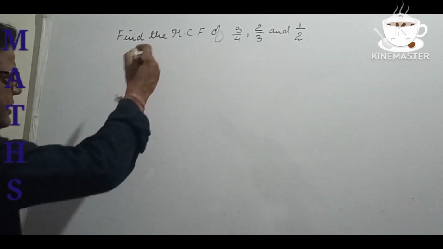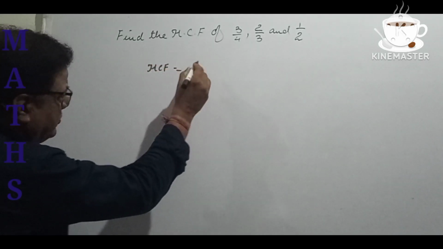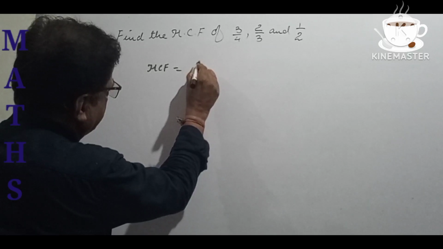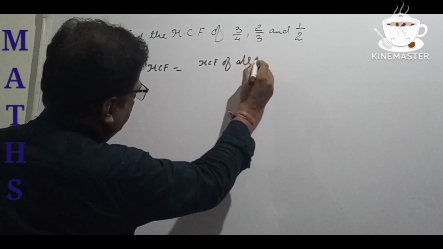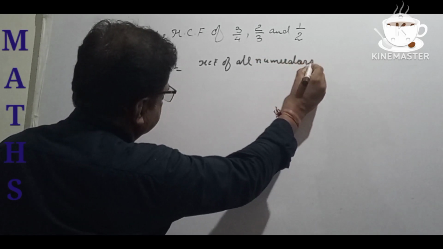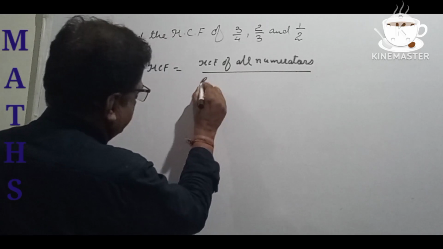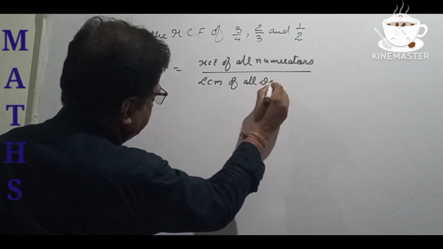The formula is SCF equal to SCF of all numerators upon LCM of all denominators.